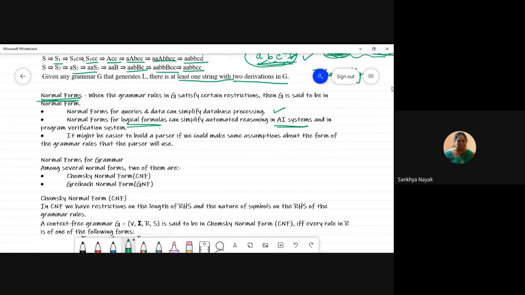All right. And the parsers that we build, like you will have a parser for Java, C, C++, etc., isn't it? So when we build those parsers, if we make some assumptions about the rules that the grammar has to follow, then it is easier to write them.